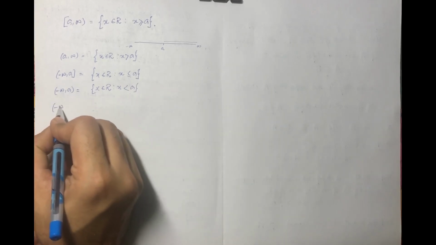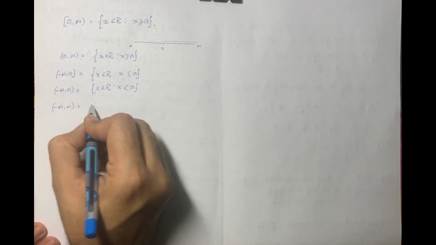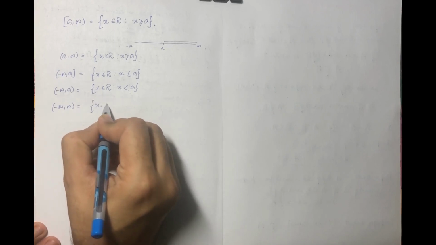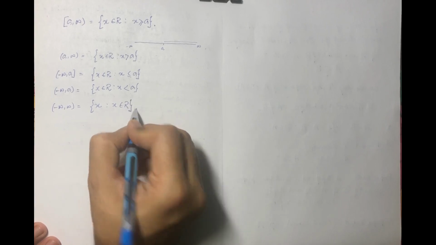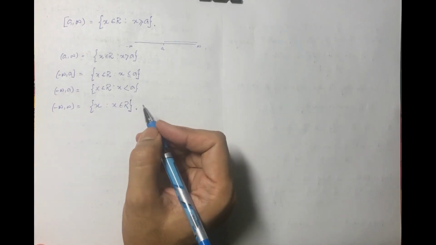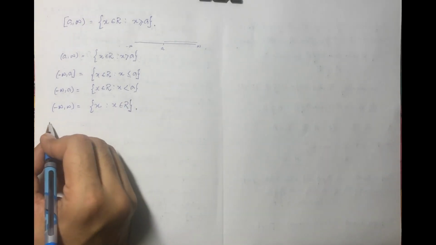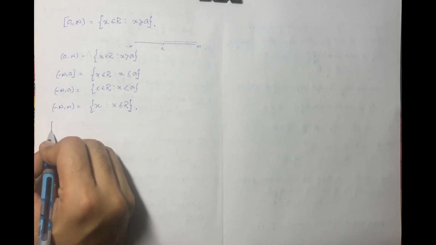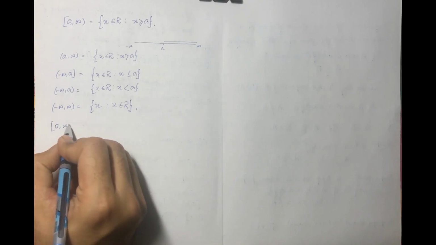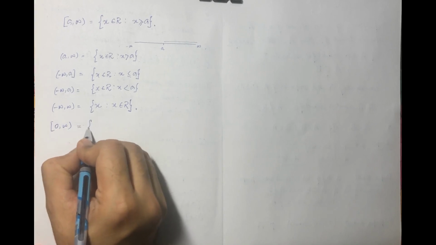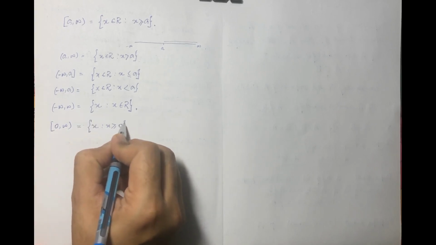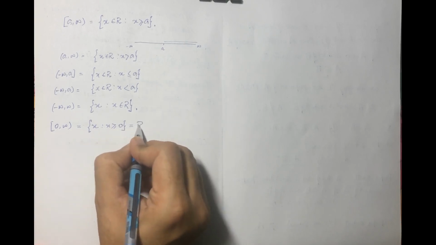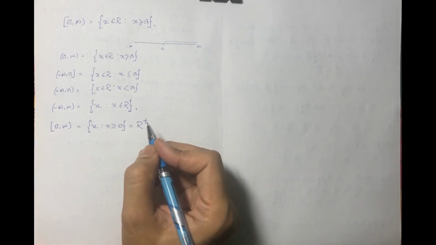Another set, minus infinity to infinity, that is all real numbers, set of all real numbers. Now what about positive real numbers? This, all x greater than or equal to 0, that is R positive.